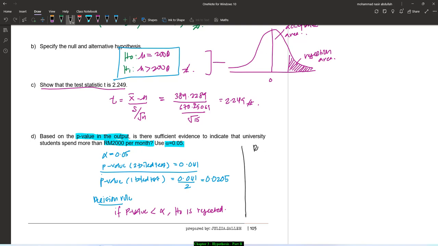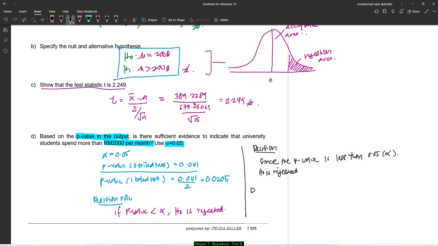So our decision here is, since the p-value is less than 0.05, which is our alpha, the null hypothesis is rejected.